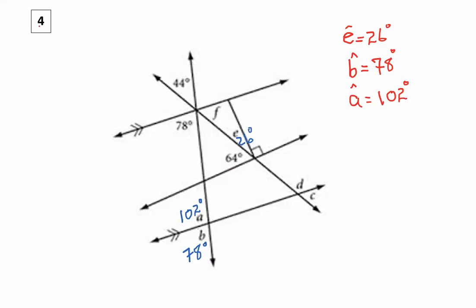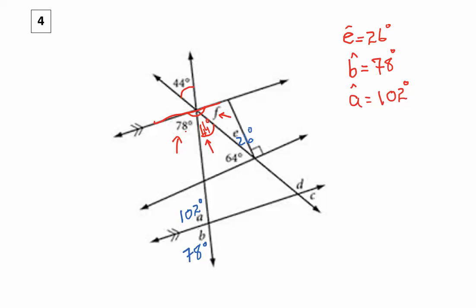How I'm going to find this angle is, let's use our vertically opposite angles. If that's 44, then this has to be 44 degrees, because they are vertically opposite. Now because that's 44, if I look at this angle of 78 plus my angle of 44 plus angle F, all three together should give me 180, because again they're on a straight line and they are supplementary.